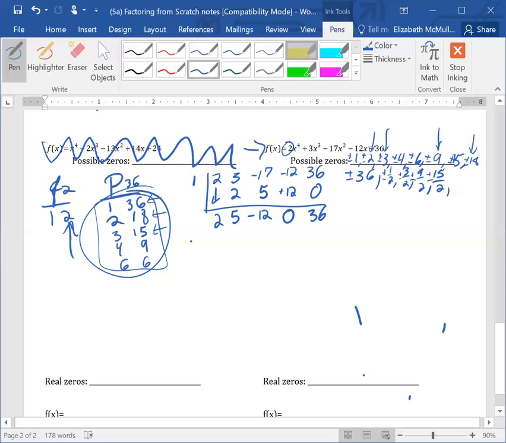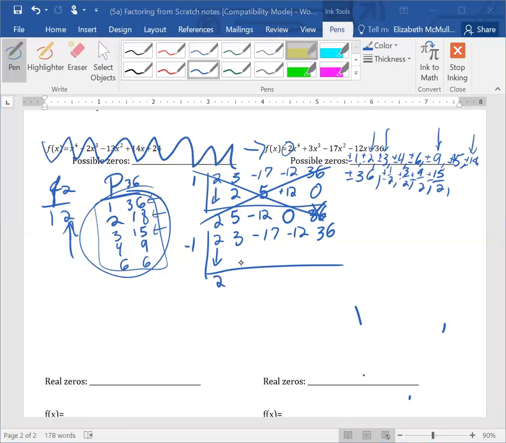All right, let's move to the next one. Negative 1. So 2, 3, negative 17, negative 12, 36. Bring down my 2. 2 times negative 1 is negative 2. 3 plus negative 2 is 1. 1 times negative 1 is negative 1.